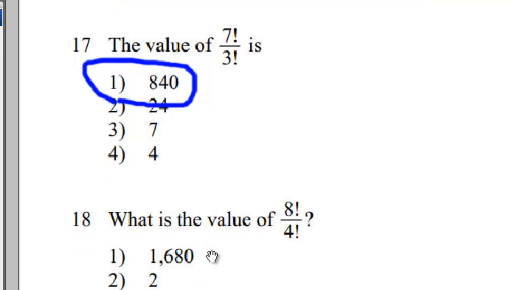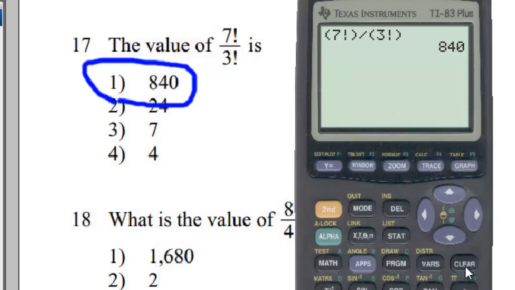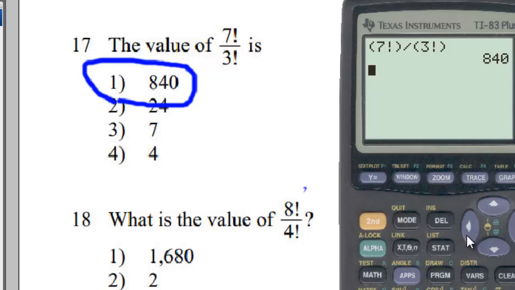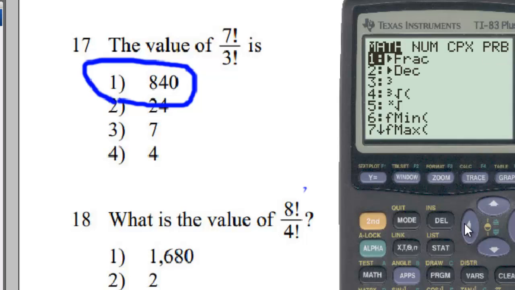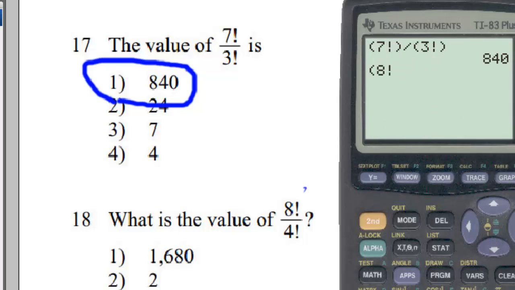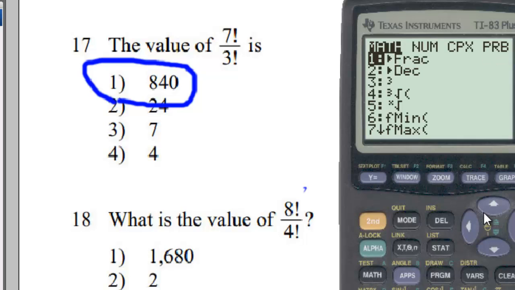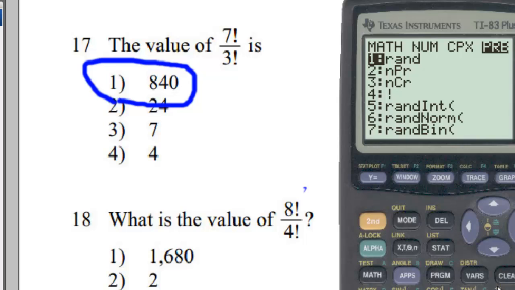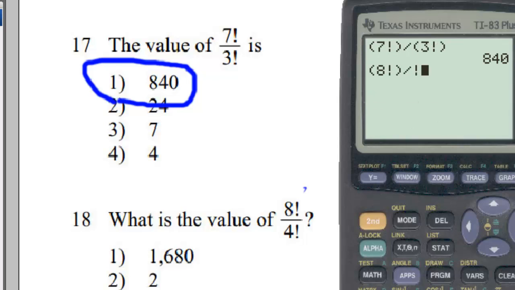Excellent. Let's take a look at number 18. It says, very similar to number 17, what is the value of 8 factorial divided by 4 factorial? We're going to go to our calculator, and very similarly, we're going to do open parentheses, 8, math, and instead of going down, I'm simply going to press 4, close parentheses, divided by math, probability, and then instead of going down, you can simply press 4 on the calculator.